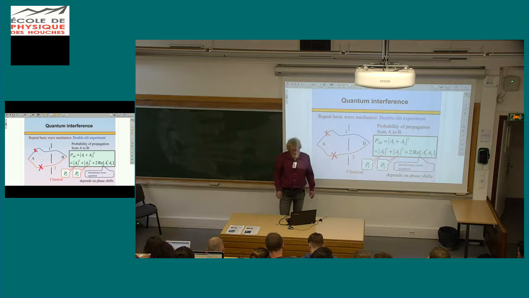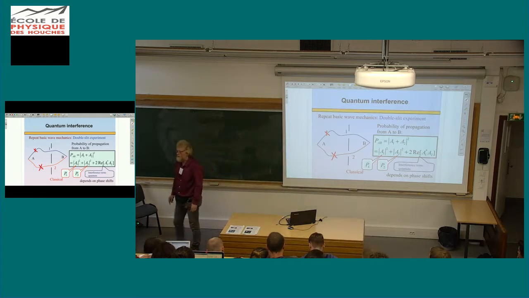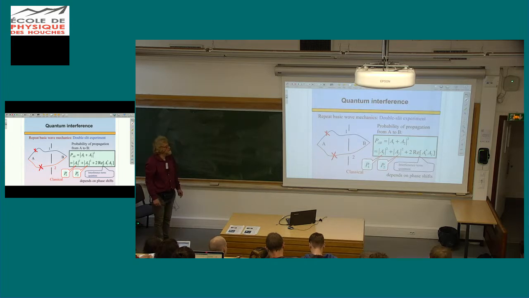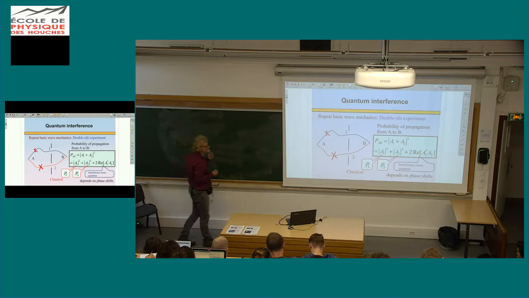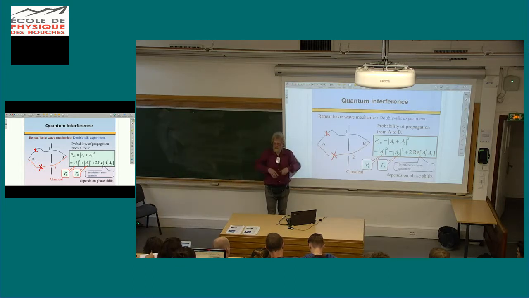And to get the probability of going from point A to point B, one cannot just sum up the probabilities of the paths. Instead, one has to sum up amplitudes along these paths. Amplitude A1 and amplitude A2, square it, and only after that one gets the probability. What does it mean?